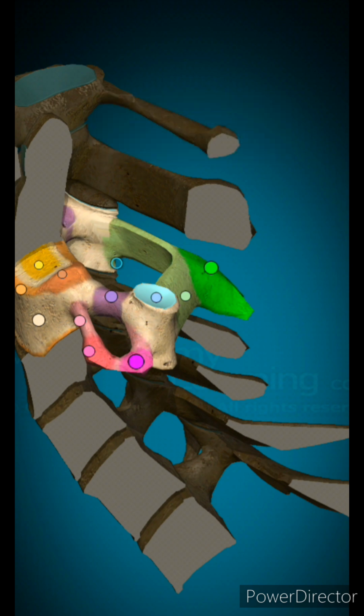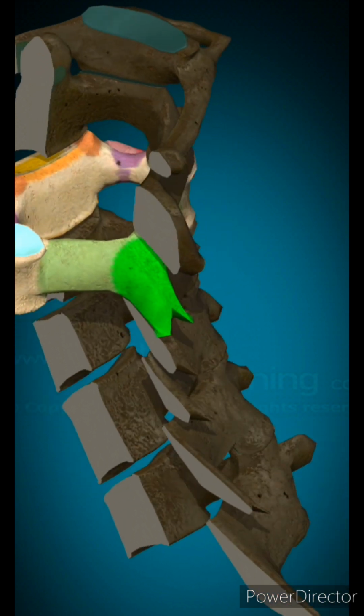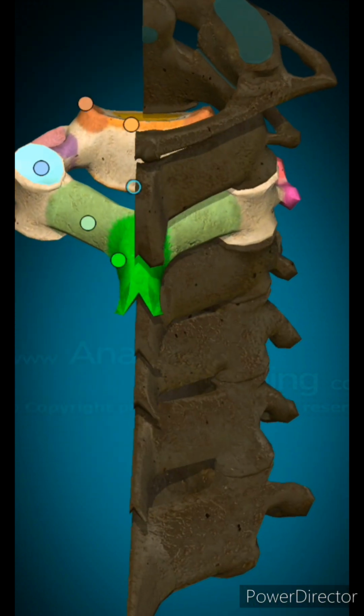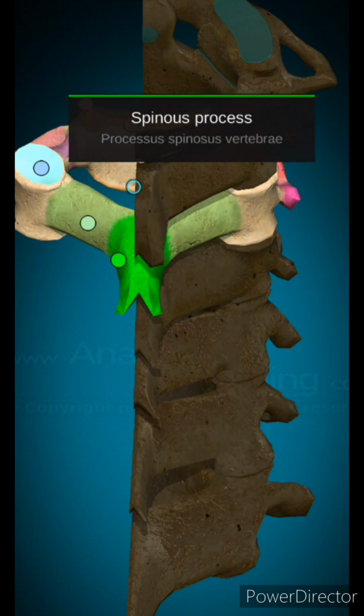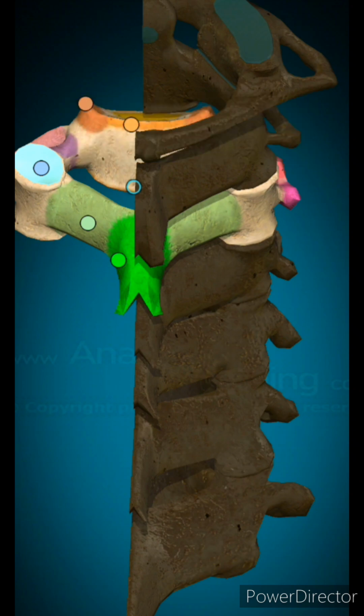The vertebral foramen is the large hole through which the spinal cord passes. The spinous processes are the bony protrusions that extend posteriorly from the vertebral arch. The spinous processes of C3 to C7 are relatively short and are easily palpable along the back of the neck.